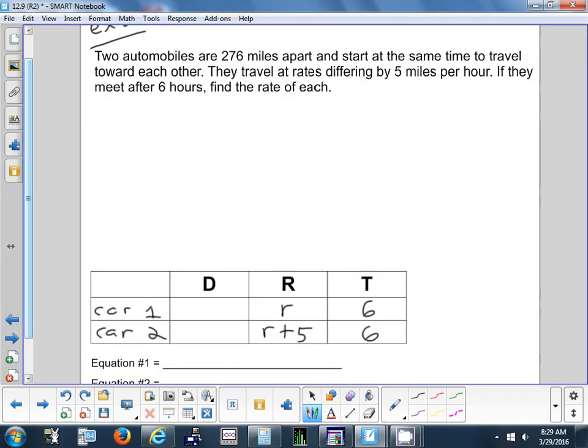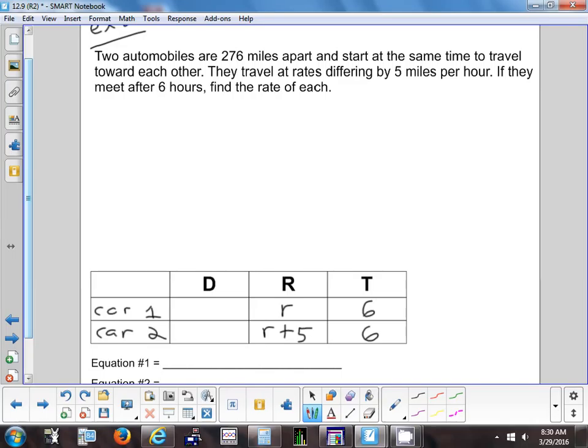Okay, last thing we need to figure out is the distance. Any thoughts on how I can figure out the distance? Let's think for a second.